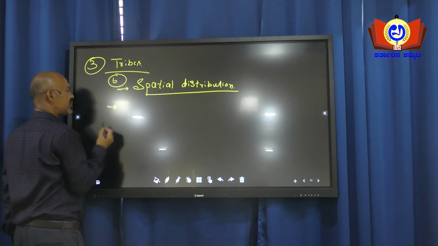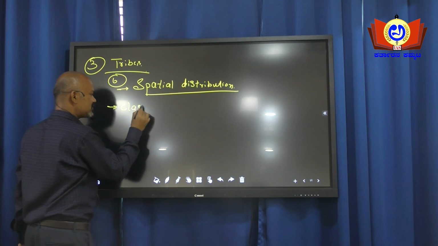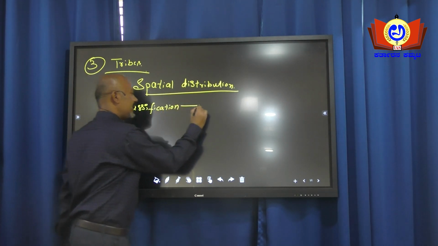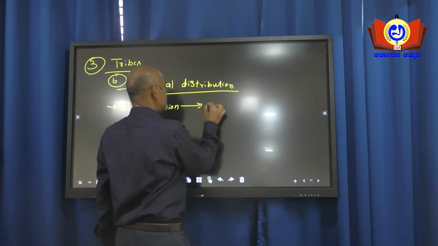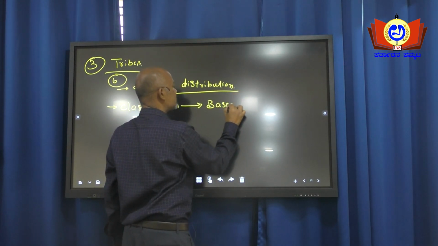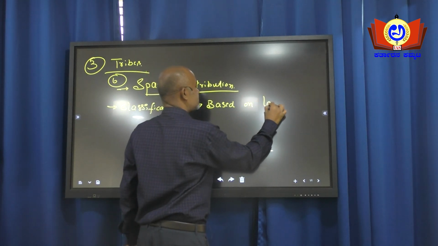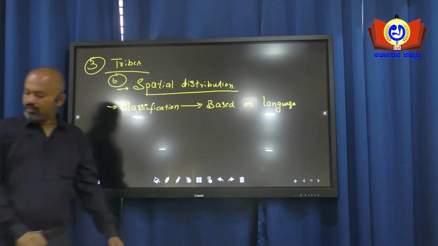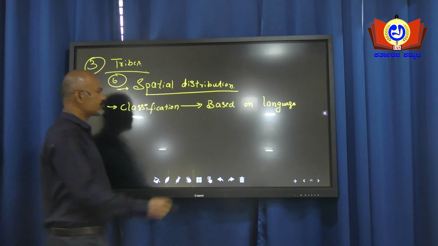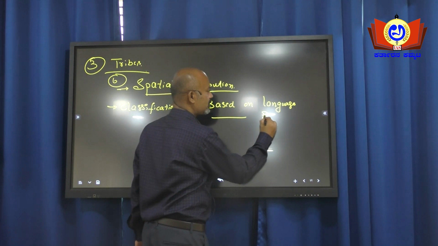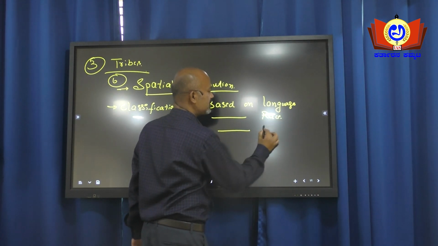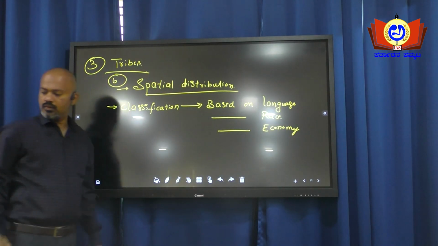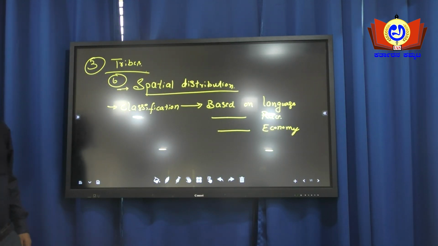The second content is classification of tribes based on certain criteria, like based on language, based on race, based on economy, based on cultural integration.